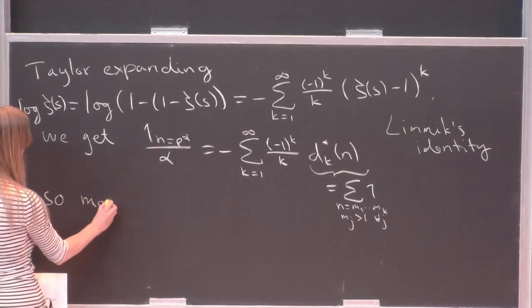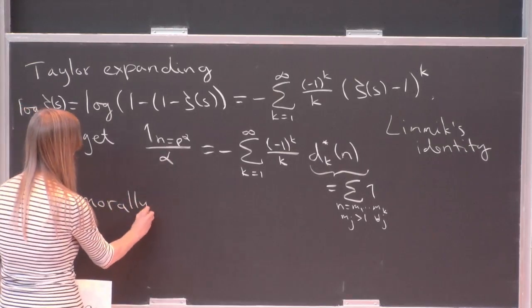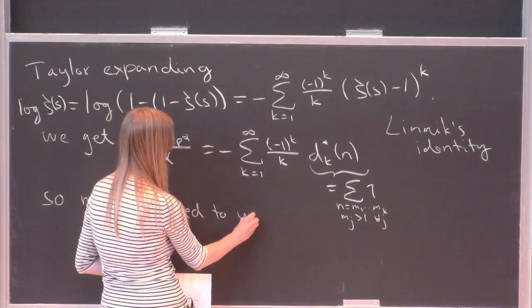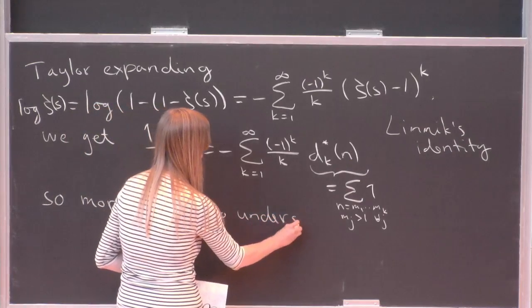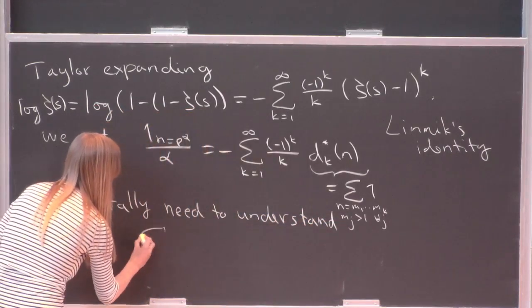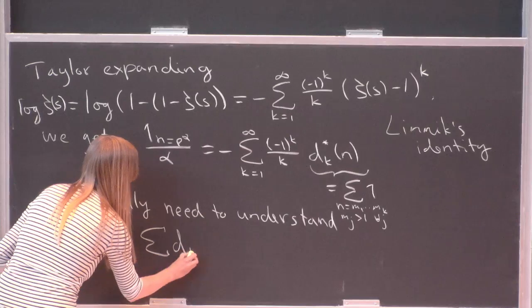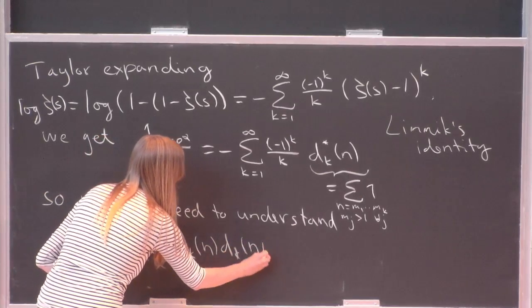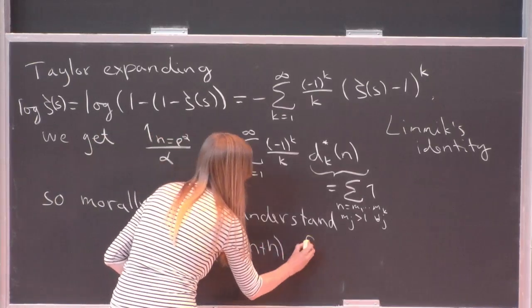So this means that morally, we need to understand d_k(n), d_k(n+h) for all k.